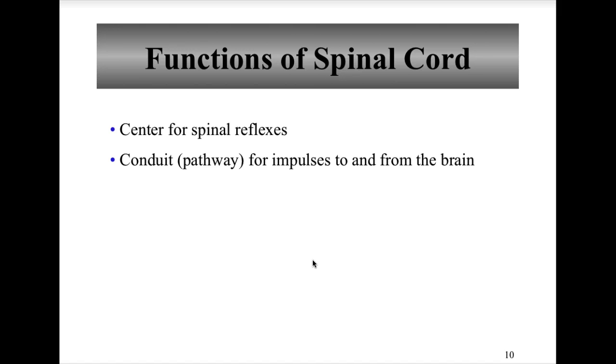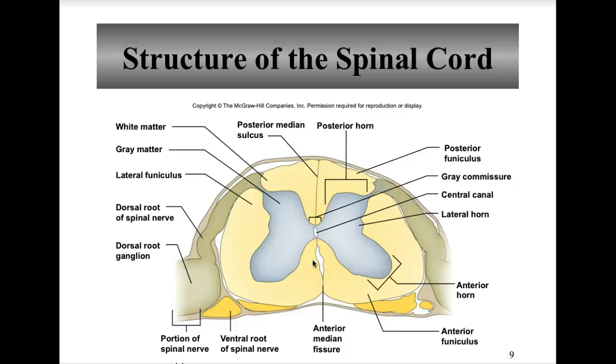In the cross-sectional structure of the spinal cord, you also have white matter. White matter is the myelinated interneuron axons. As far as location, you have the funiculi or white columns.